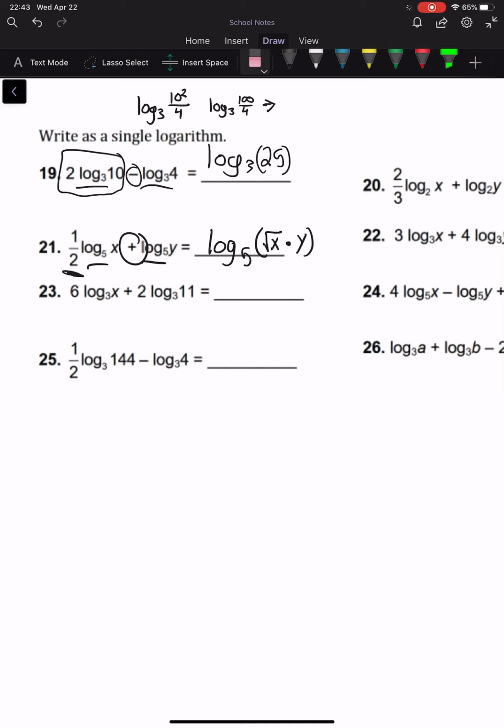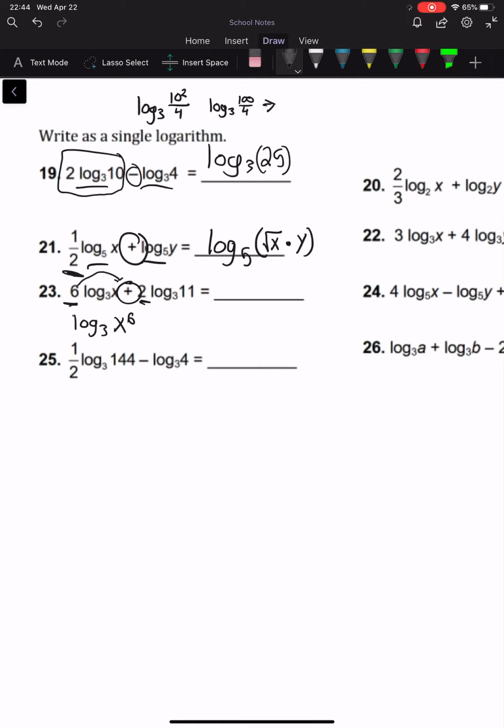Number 23, we're going to be using the exponent rule now 2 times because we have a 6 in front and we also have a 2 in front. And we're also going to be using the product rule again because we're adding together these logs. I'm going to write the work over here first. So we'll have log base 3 x to the 6th, because that's where the 6 is coming from.